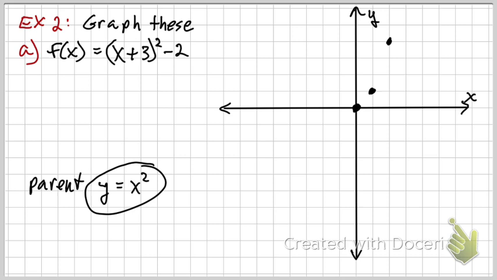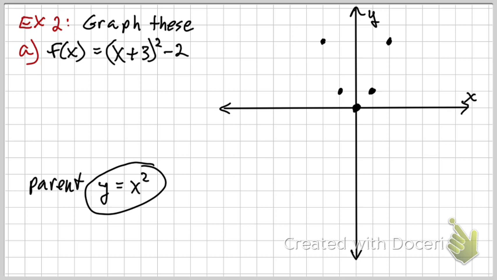When x is negative 1, negative 1 squared is positive 1, so I'd have that. And then when x is negative 2, y is 4. So if I connected those dots with a nice curve, I'd have the graph of the parent function. So just put some dots there. I did them in black because I'm going to translate some stuff here.